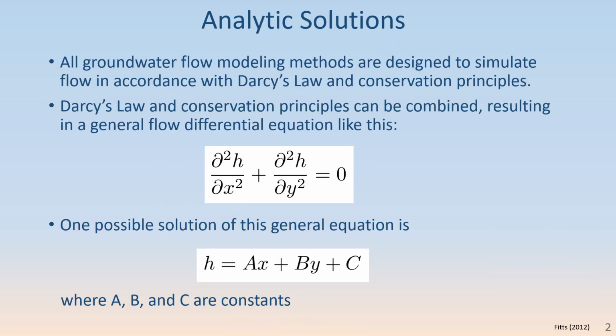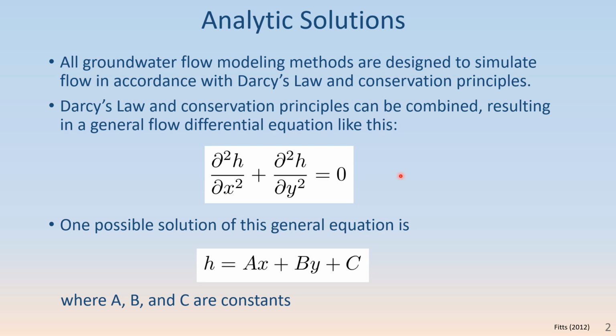Let's first define what we mean by an analytic solution. Mathematical models of groundwater flow obey two principal math equations. Darcy's law, which relates head gradient to hydraulic conductivity and discharge, and conservation of mass. Those two mathematical constraints can be combined together in a general differential equation that looks like this top one, called the general flow equation.